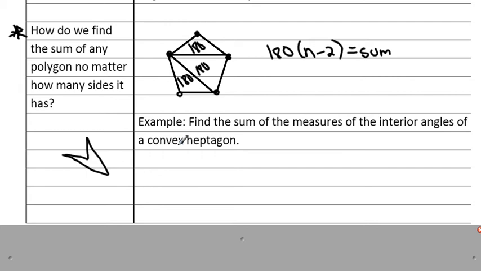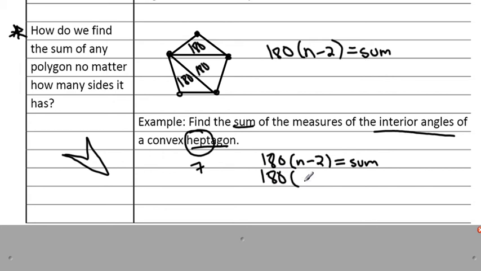So if it's a heptagon and we want to find the sum of the interior angles, that's going to be 180 times n minus 2. And n is a heptagon, and a heptagon has 7 sides. So we're going to do 180 times 7 minus 2.